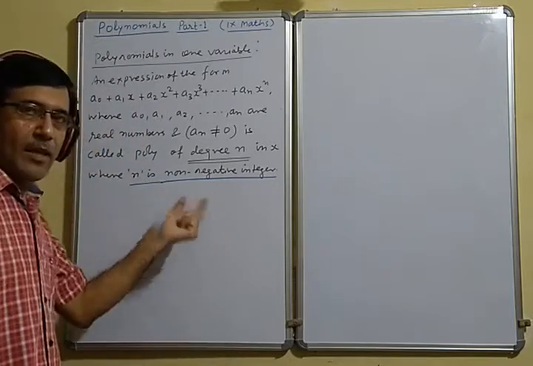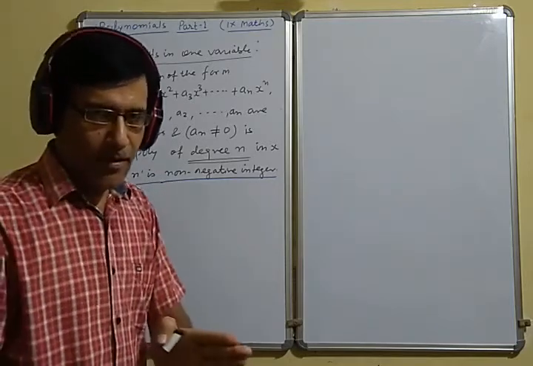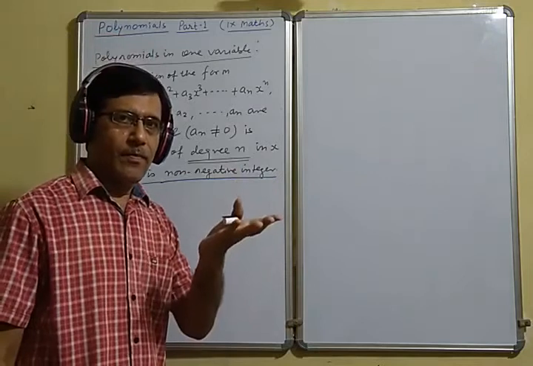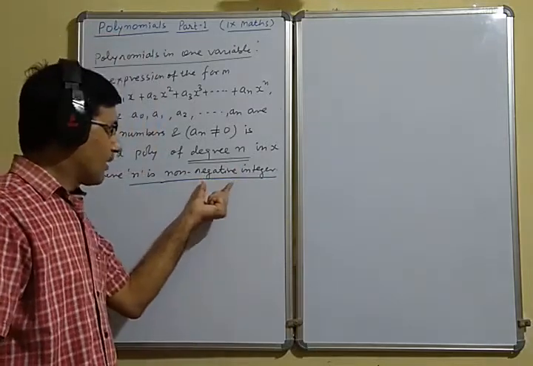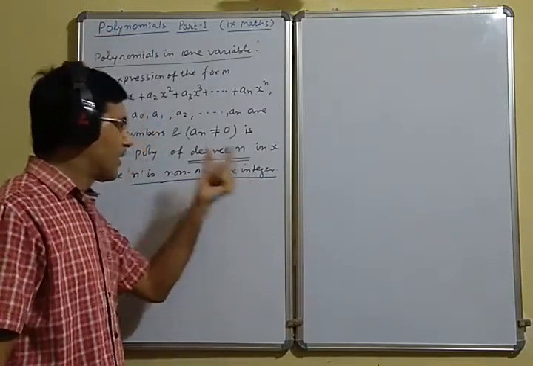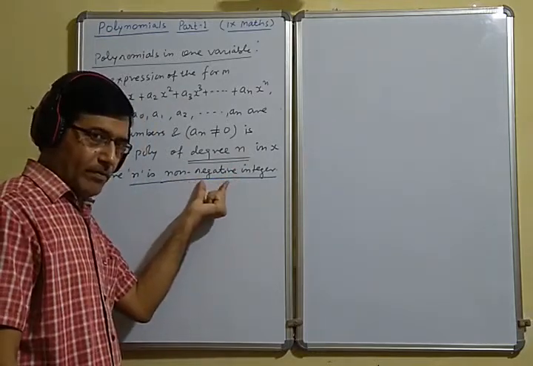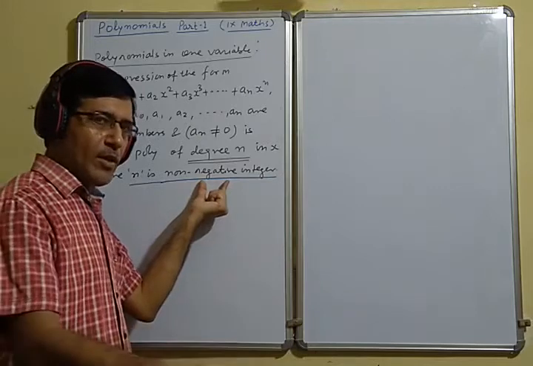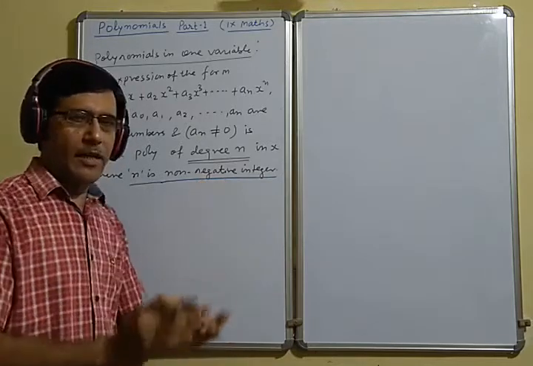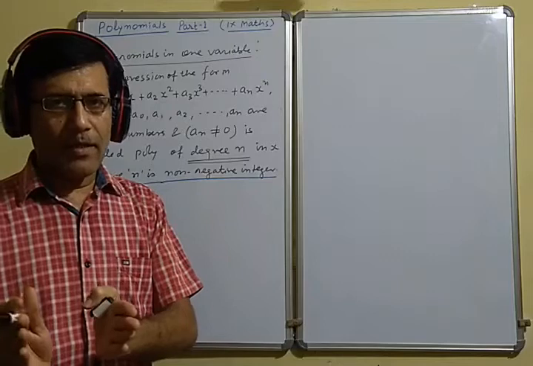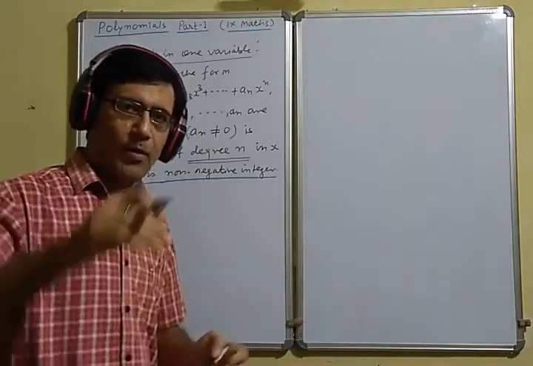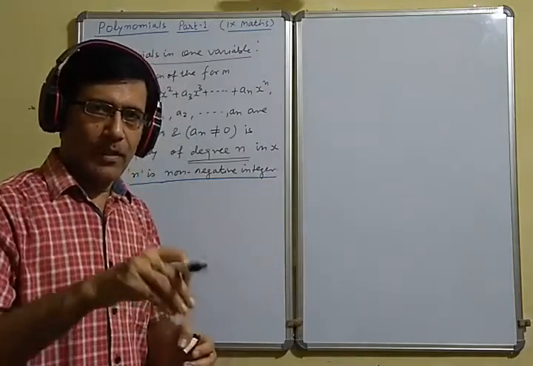Non-negative means either it is positive or it is 0. Clear? Because integers include natural numbers, negative numbers, and 0.